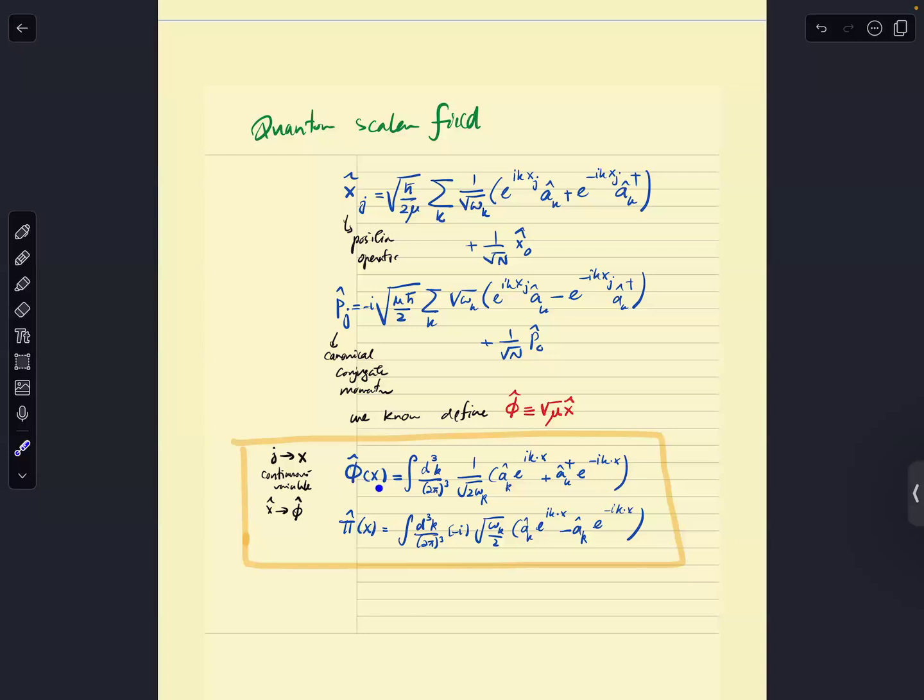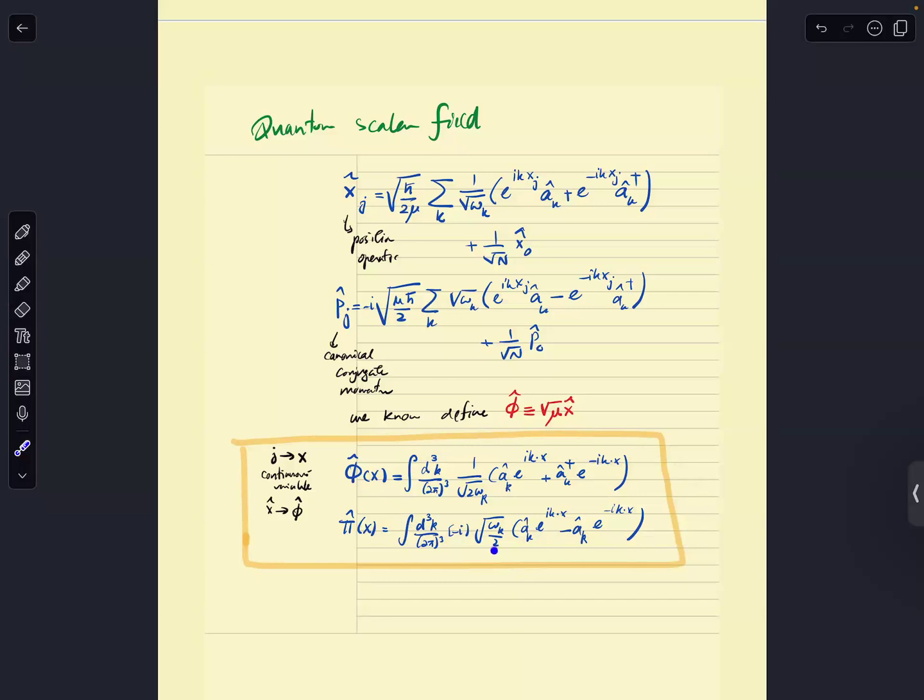But phi of x and pi of x, remember, maybe I mentioned this, I said this in relativistic quantum mechanics: in quantum field theory, x is not an operator. x is a variable. The field is an operator. Here it is. This is the canonical conjugate.